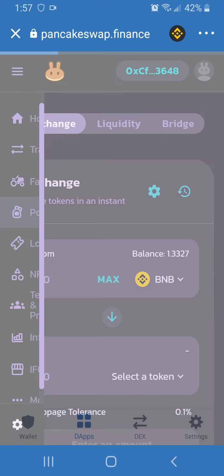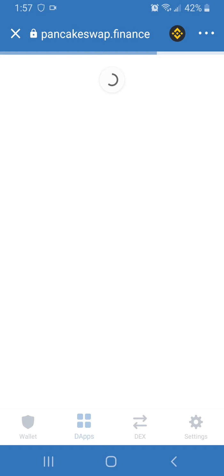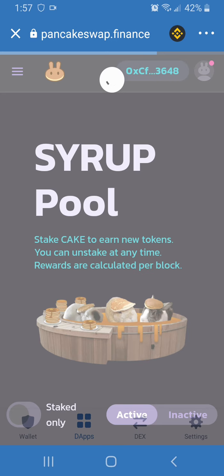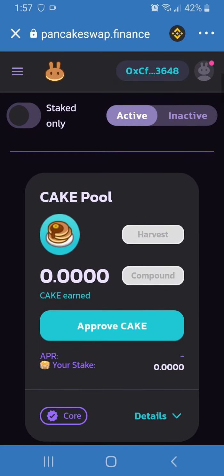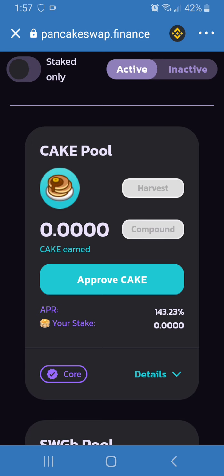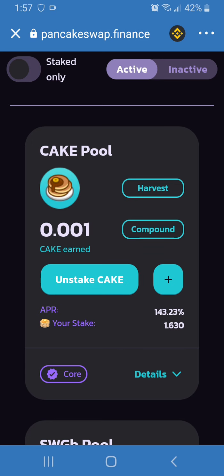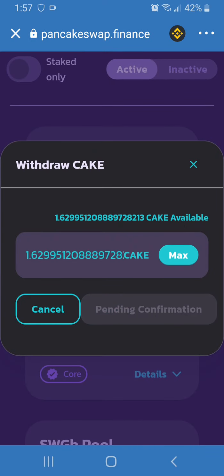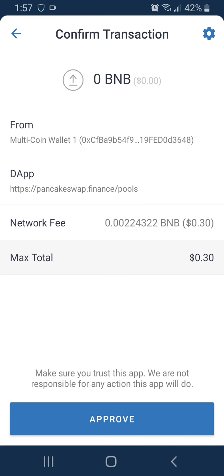Let's go into pools. And let's stake some cake. Stake some cake in a pool. All right. So I already have some cake. First, let's unstake my cake. Max, confirm. 30 cents.